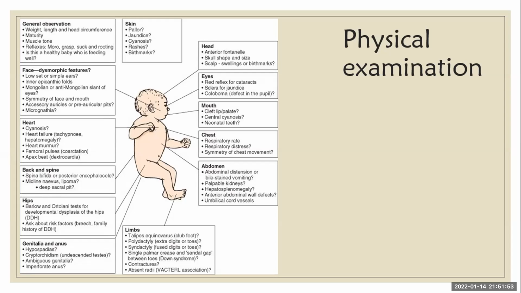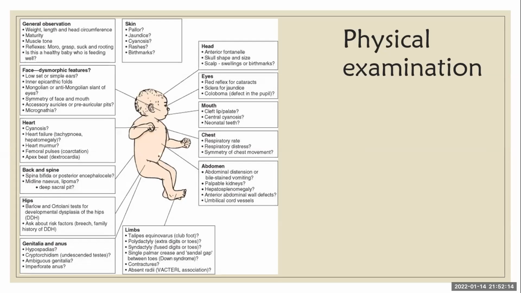And then we need to check the back and spine, to check for spina bifida or posterior encephalocele, and we need to examine the hip to test with the Barlow and Ortolani tests for developmental dysplasia of the hip.